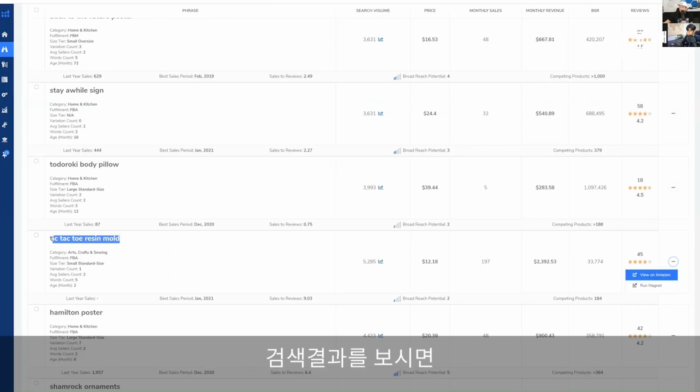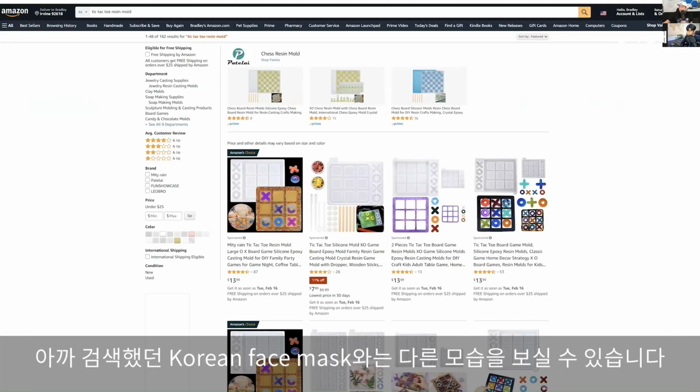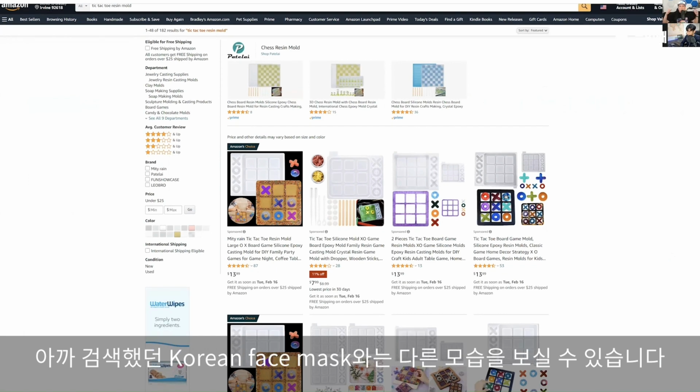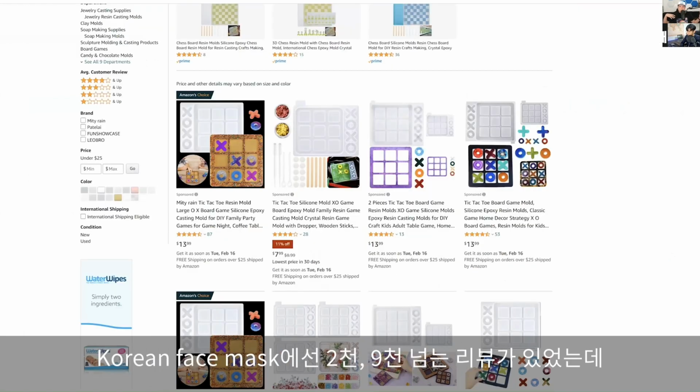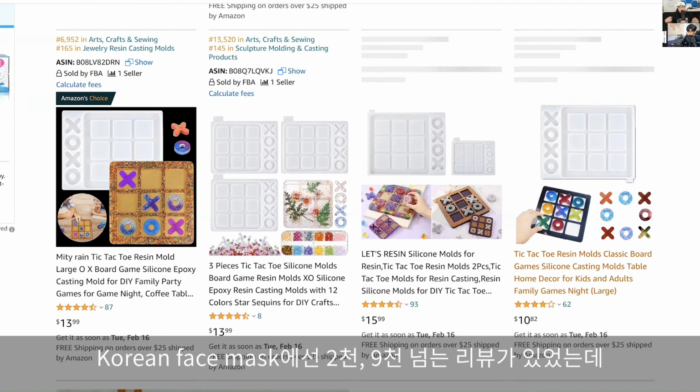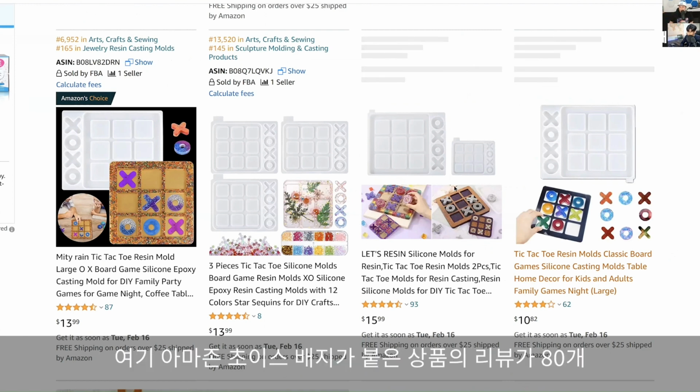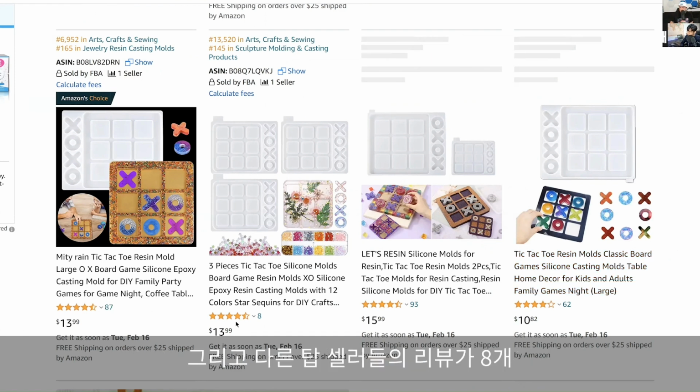And now here we can see the difference, like what we saw in the Korean face mask. Remember, we had like 20,000 reviews and 20,000 reviews. It was kind of crazy. But look here, Amazon's Choice, number 1, page 1, position 1, only 80 reviews. Number 2, 8 reviews. Number 3, 90 reviews. Number 4, 60 reviews.